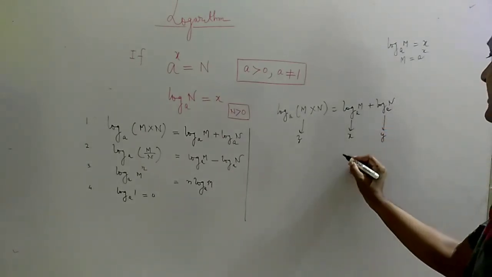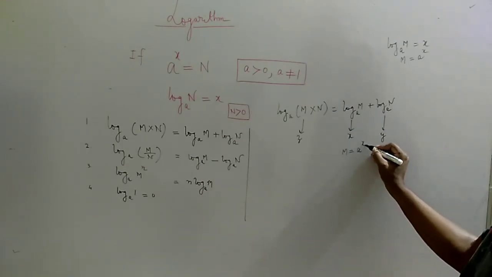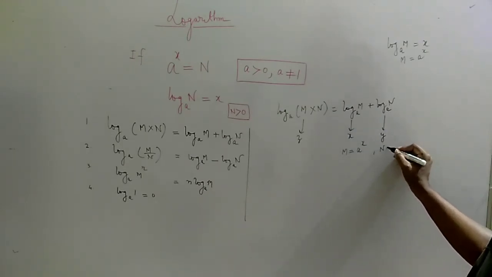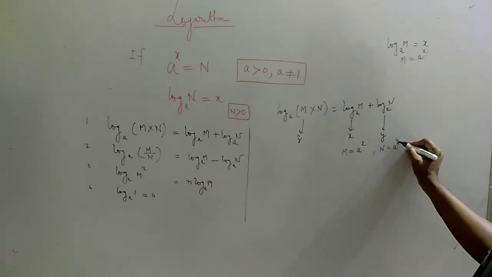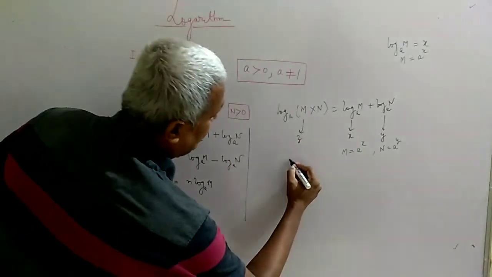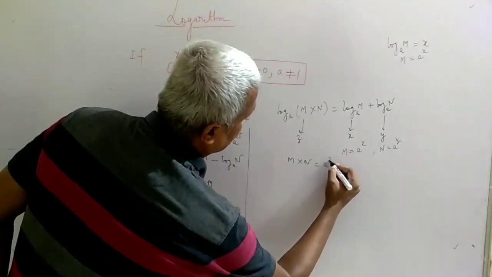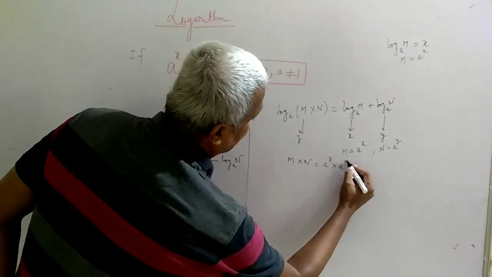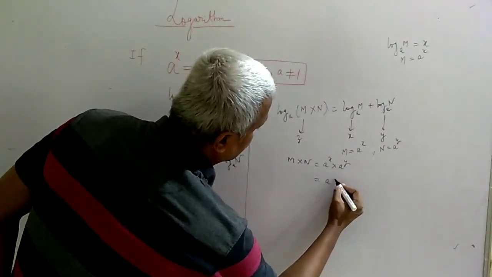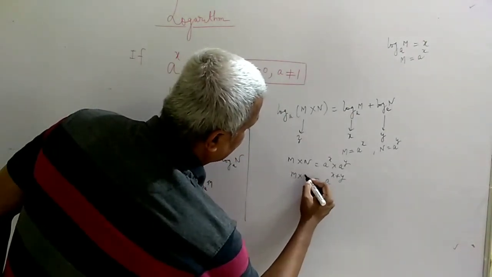Same way here, n is a to the power y. Now what is m into n? m into n is a to the power x into a to the power y. So this becomes a to the power x plus y. This is m into n.